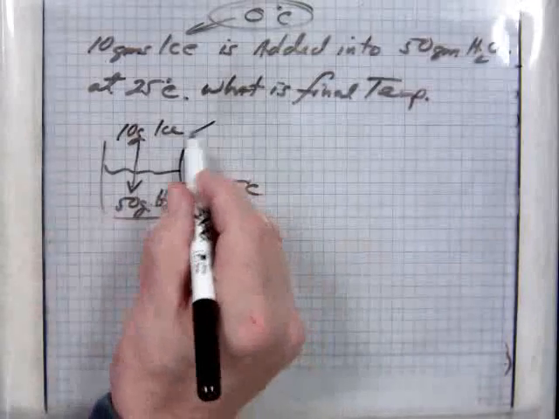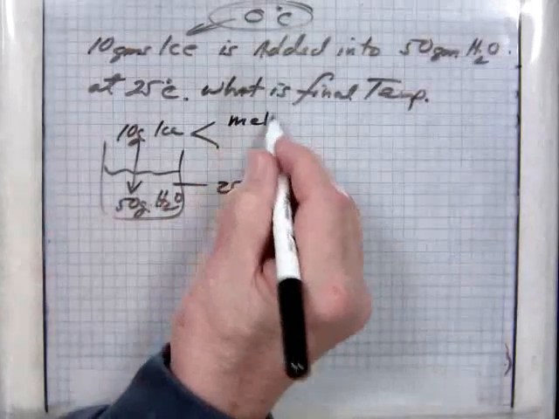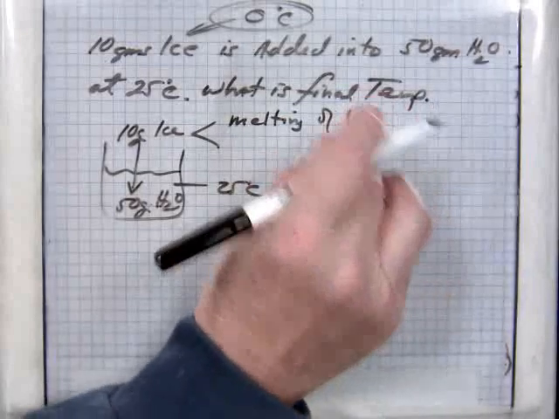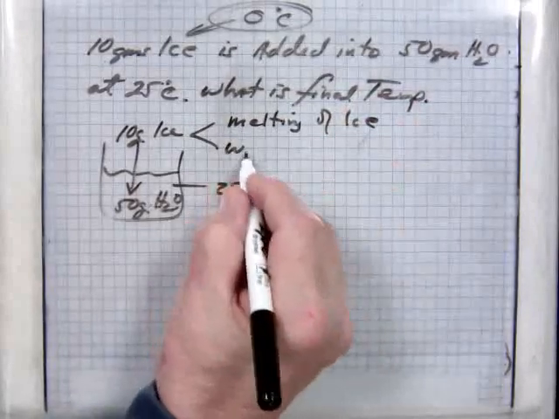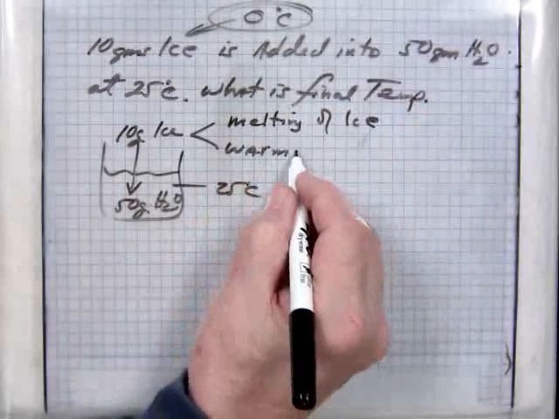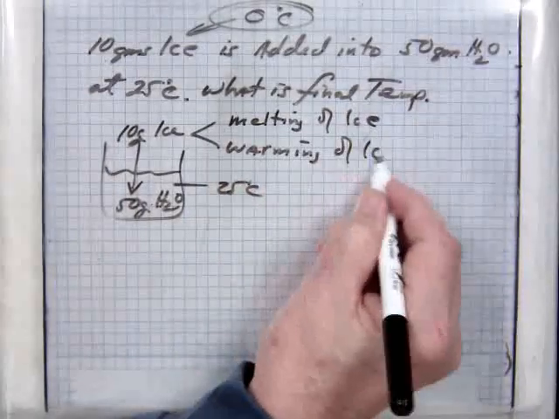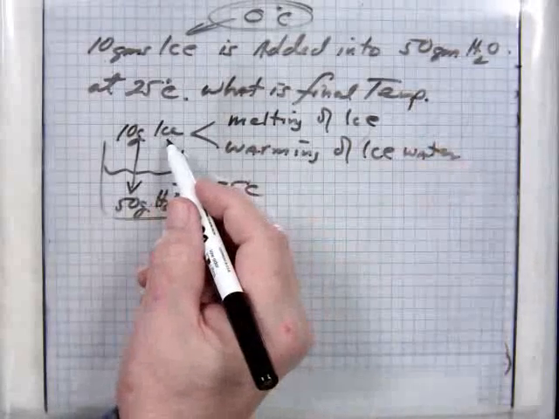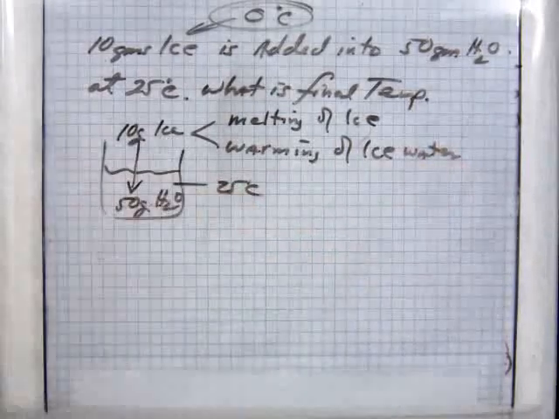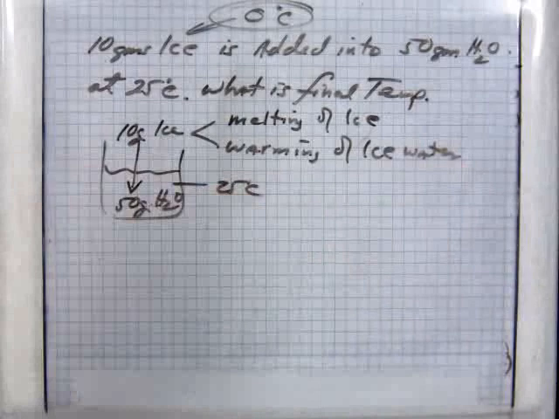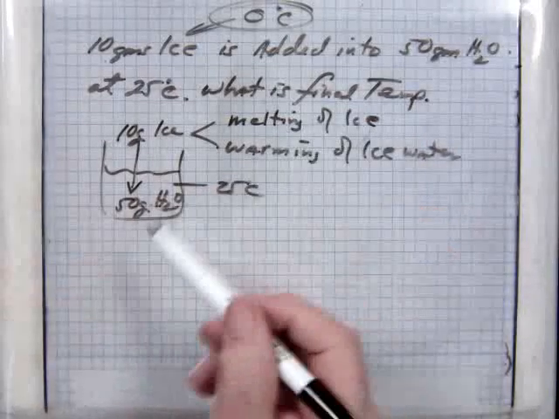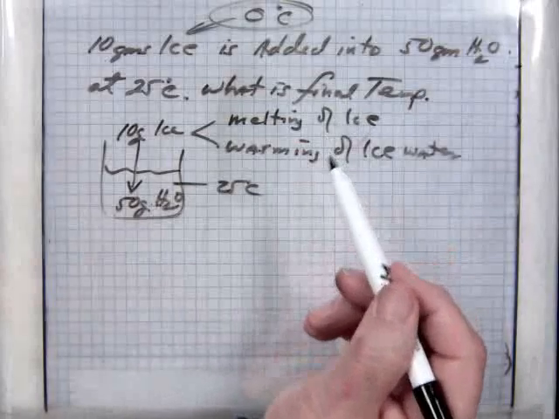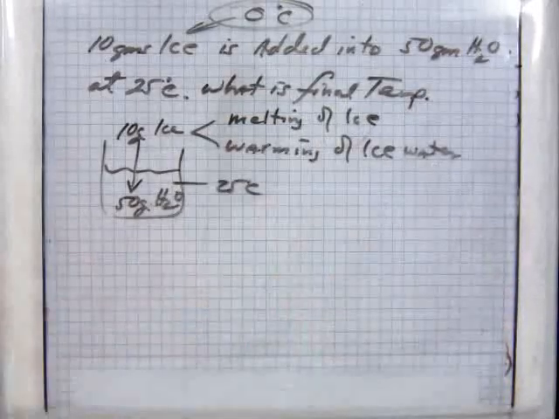So that's going to be a decreasing temperature for the water itself. But the ice is the thing that you have to pay attention to. There are two changes here: melting of ice and warming of ice water. So when you write your equations out for your Q's, Q1, Q2, Q3, you got three changes. You've got, of course, warming of the water, and you've got a Q for warming of the ice water, and then you've got a Q for melting.